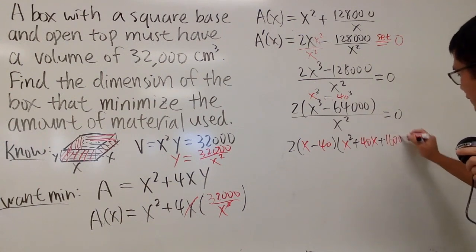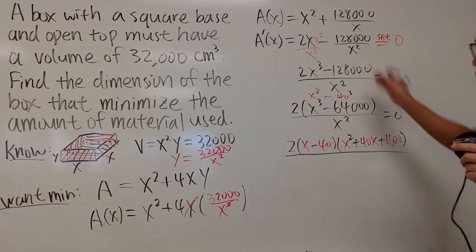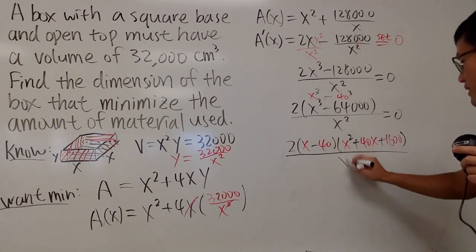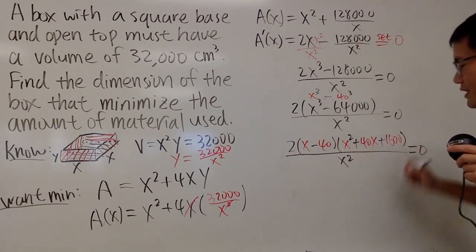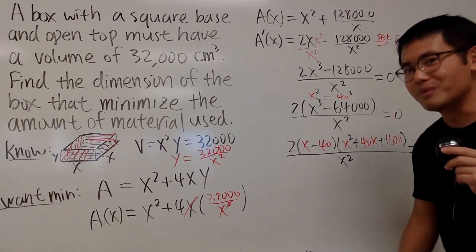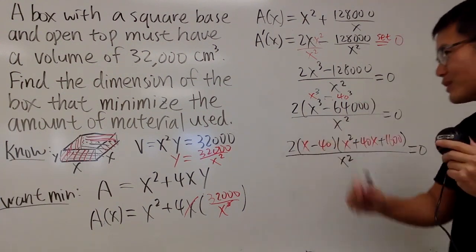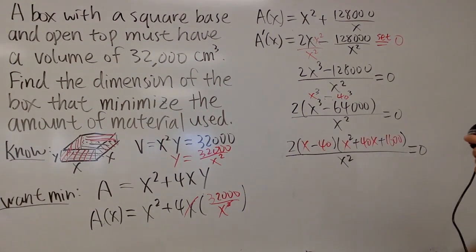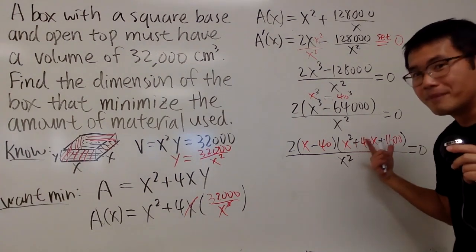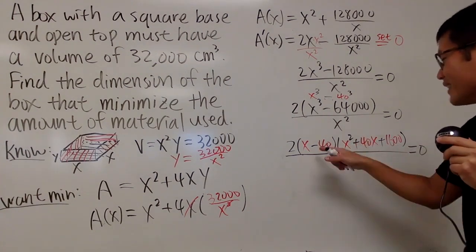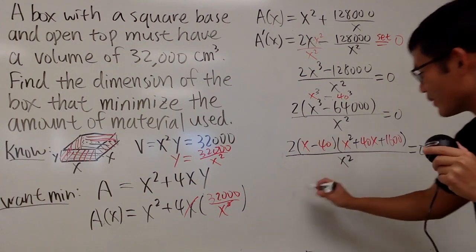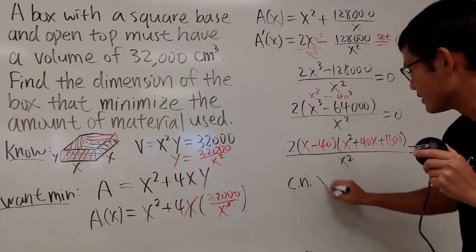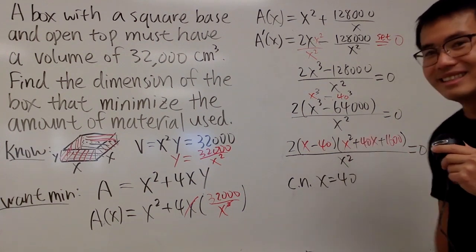If you really want to solve for x from here, that's fine too, because we just need to find one critical number that will solve the equation. Anyway, the second factor is never going to be 0, so we just have to worry about x minus 40. So the critical number is just x equals 40.